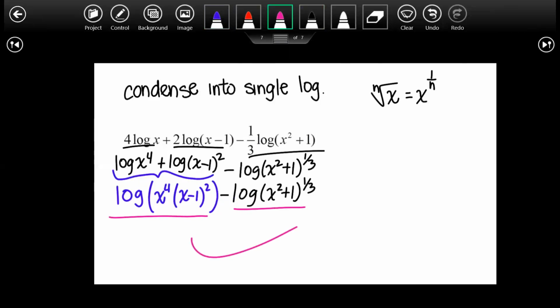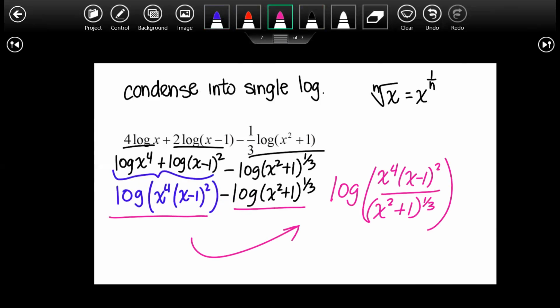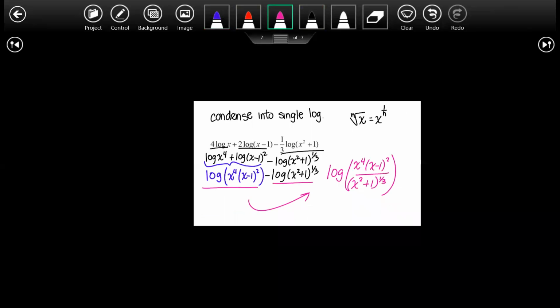So this is going to give us a nice final single log. No, you don't need to simplify. You don't need to do anything. Just writing it with one single logarithm. That's all we got to do.